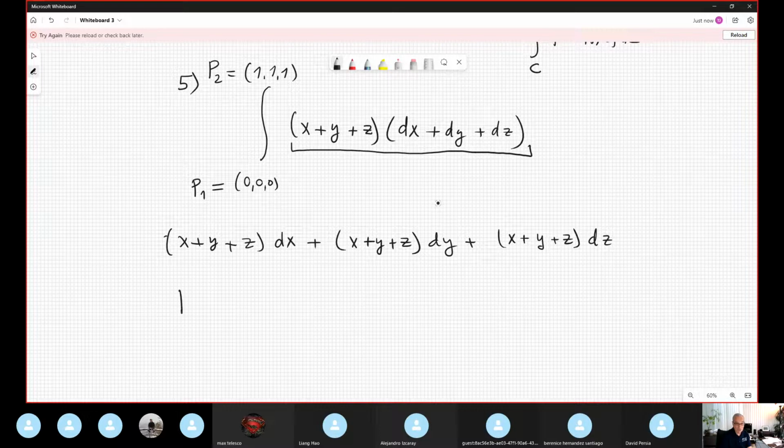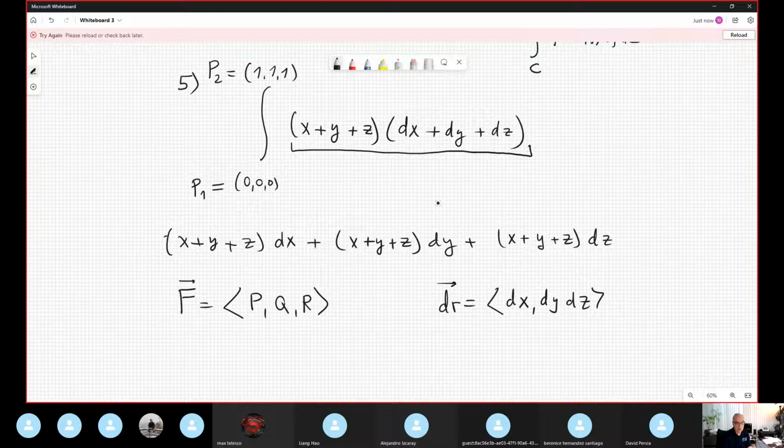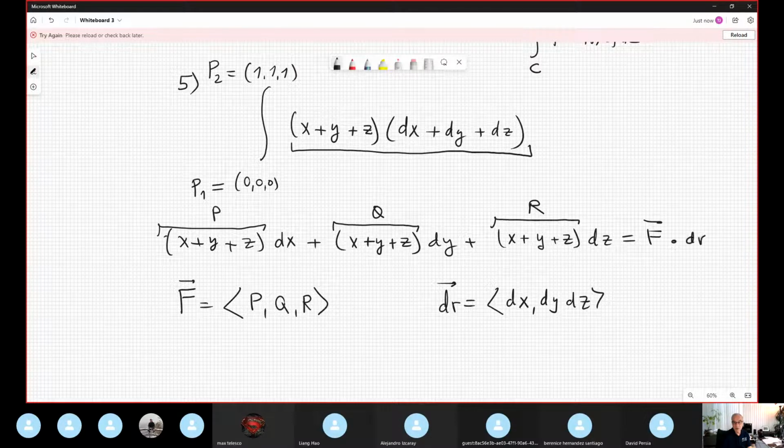So now my vector field is always P, Q, R, dot product dr, and dr is a vector dx, dy, dc, no? So it is obvious that this is P, this is Q, and this is R. And the answer of this is the dot product F dot dr.